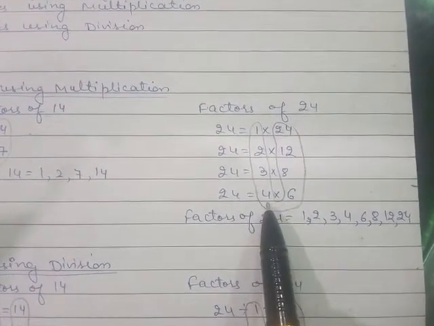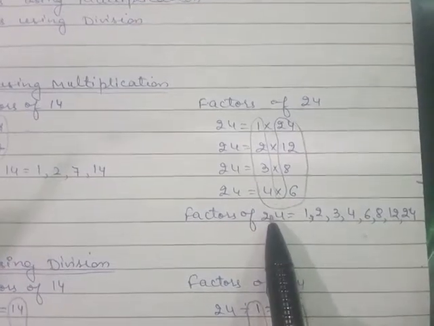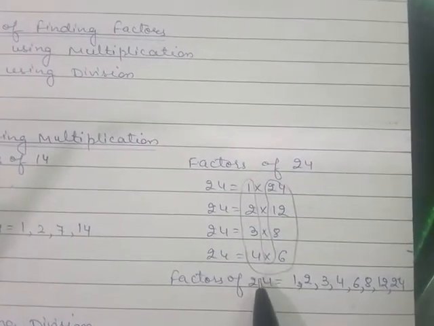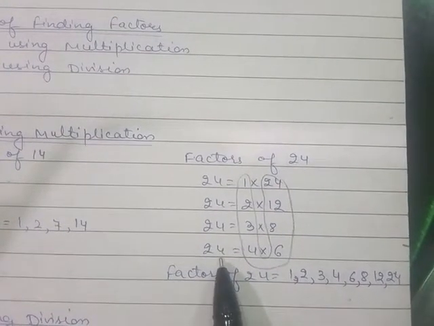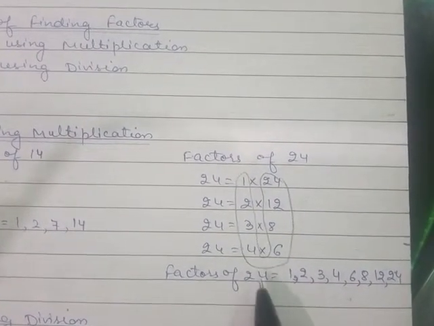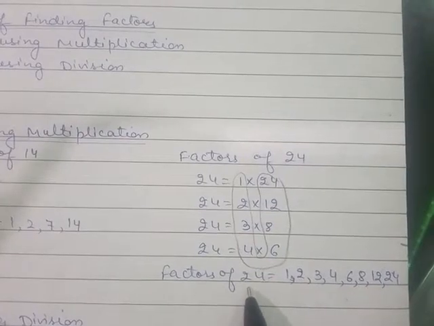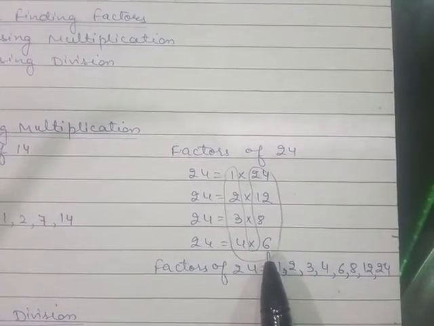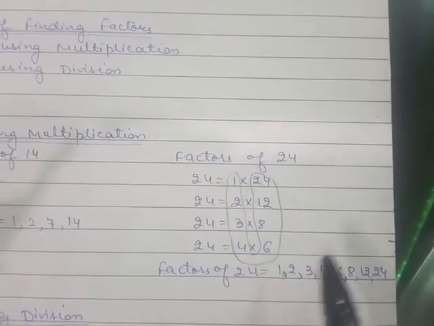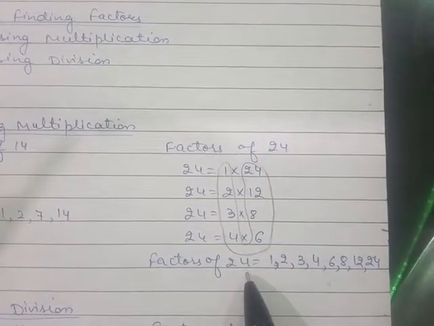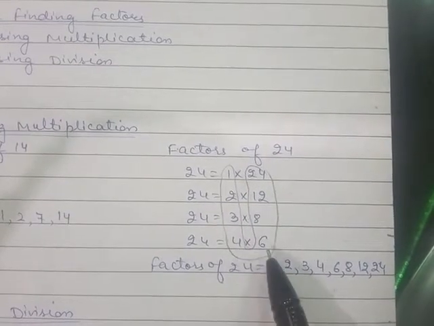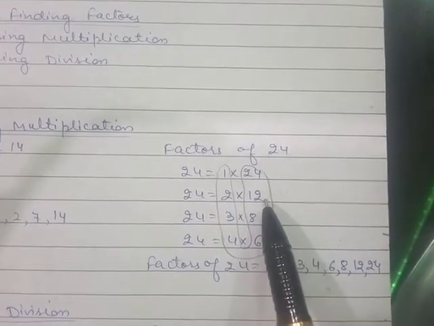Now after 4, if we take 5, in the table of 5, 24 will not come. So the next step will be 6. If we take 6 here, but 6 has already come, so we will stop here. So we write the factors of 24: 1, 2, 3, 4, 6, 8, 12 and 24.